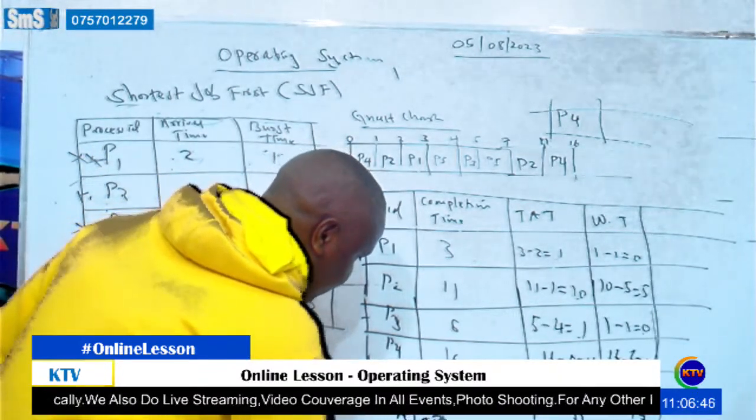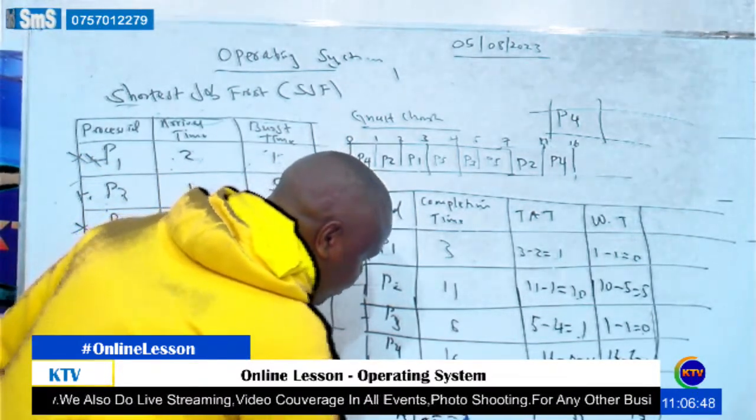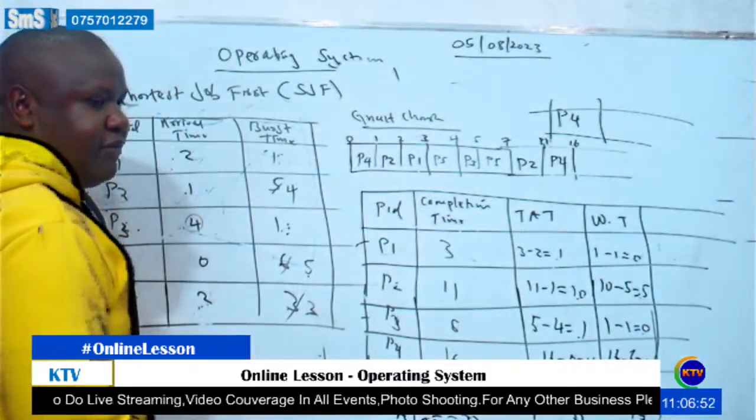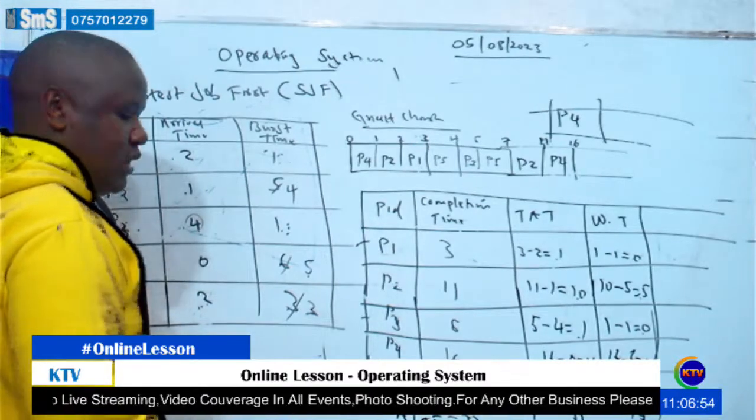So the average turnaround time equals 33 divided by 5, which is 6.6.